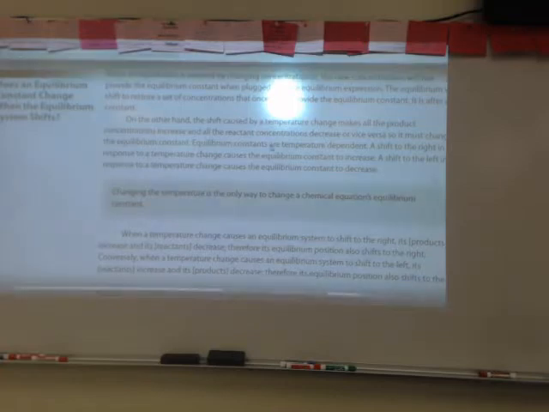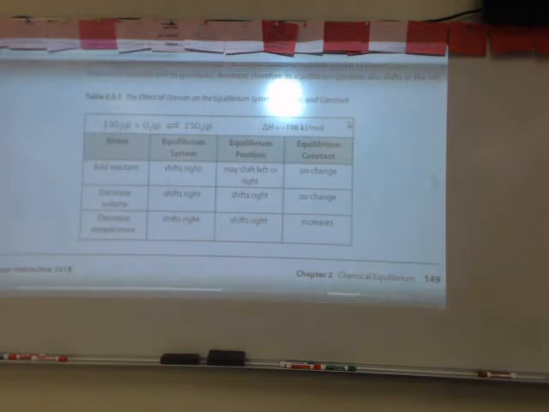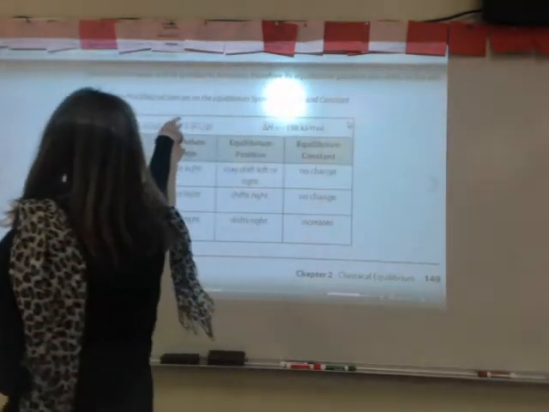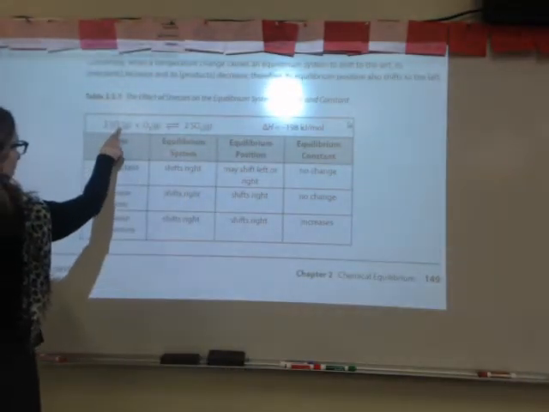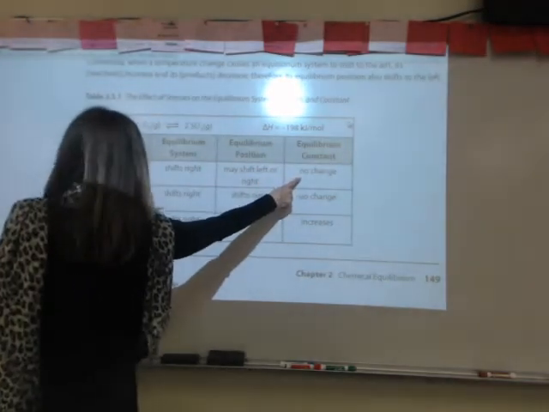Let's take a look here. Does an equilibrium constant change when the equilibrium system shifts? The only way you're going to change the equilibrium constant is if you change temperature, and I'll show you why. Here in this reaction, if I add reactant, I may shift to the right, but I will see no change in the equilibrium constant.